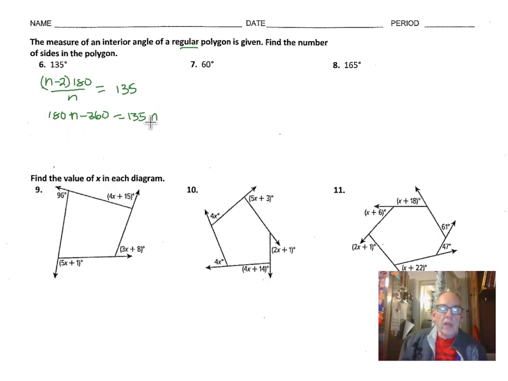I'm going to take 180n away from both sides, so we're left with negative 360 is equal to 135n minus 180n, which is going to be negative 45n. If we divide both sides by negative 45, we get 8.